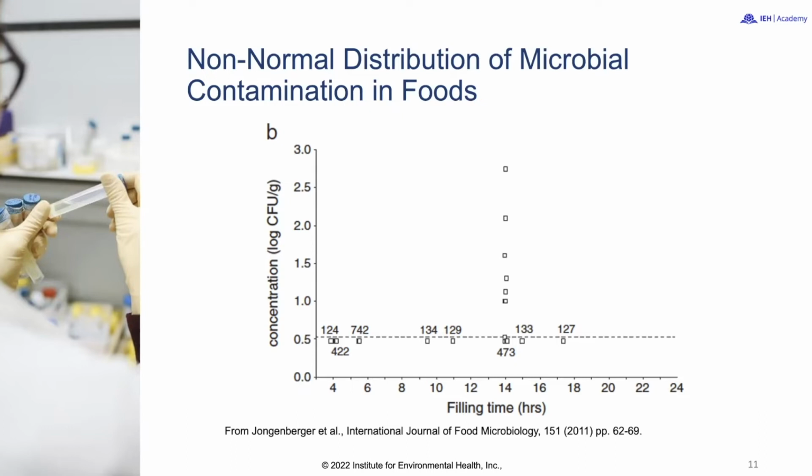One of the pathogens of concern in powdered infant formula is Chronobacter sakazaki. You don't need to know a lot about the organism except that it's really bad news in powdered infant formula. And so every manufacturer of powdered infant formula tests all of their finished product lots for Chronobacter sakazaki.